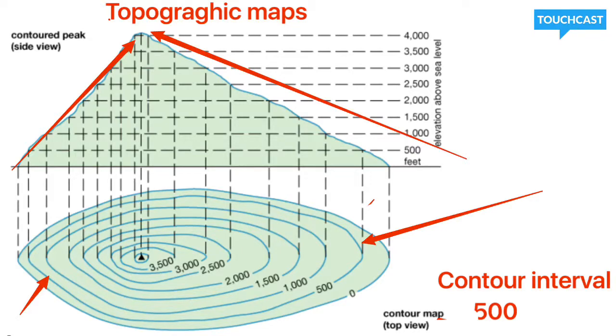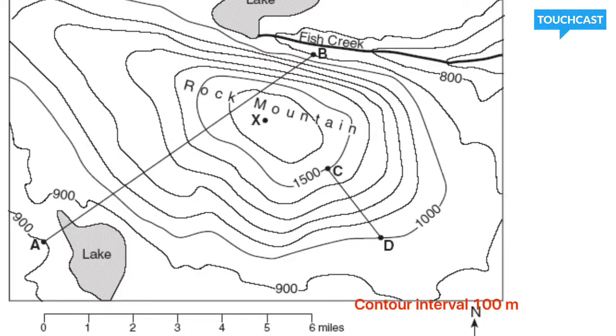Now on the STAR test, this is how the questions are basically going to work. They'll give you a map, kind of like this, and they typically give you the contour interval. Then they'll ask you to find, like, the distance between, let's say, D and C. And all you do is simply take the starting point you have, which would be 1,000 feet.